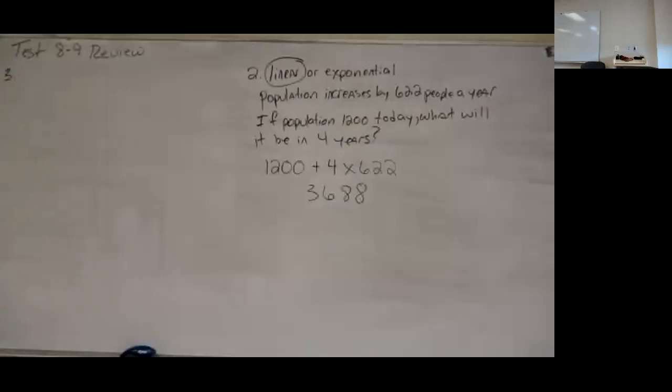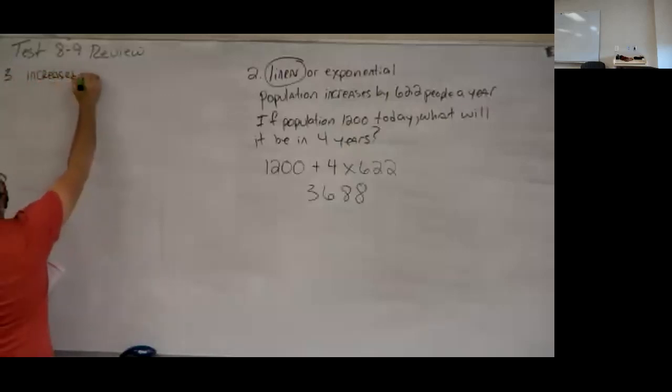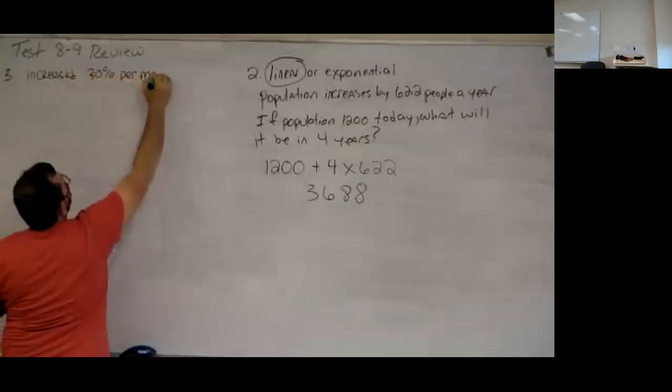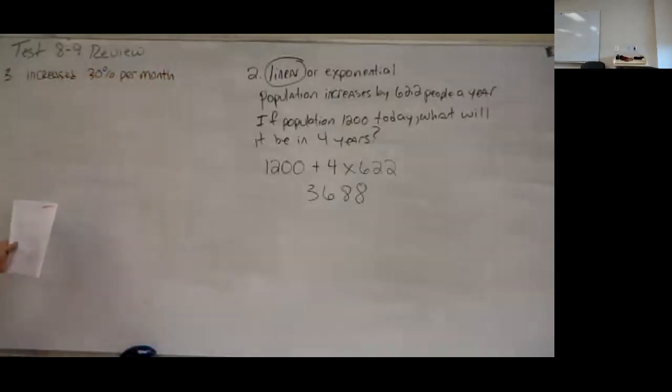All right, this one says during the worst periods of hyperinflation in a certain country, the price of food increased at a rate of 30% per month. They want to know if this is linear or exponential.